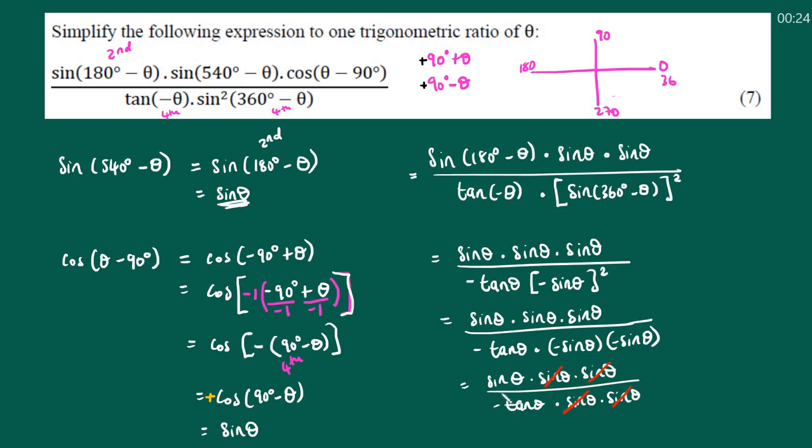Then I'm left with some interesting ones now, because since on the top I have sine theta, at the bottom I can write tan as sine theta over cos theta, like this. Then, good people, we can simplify that one.